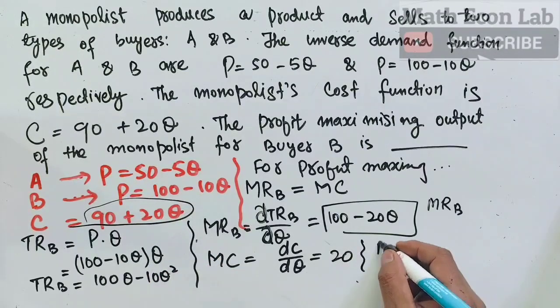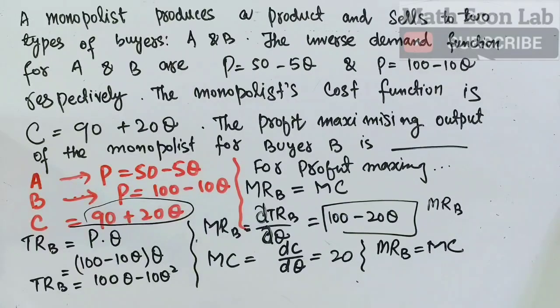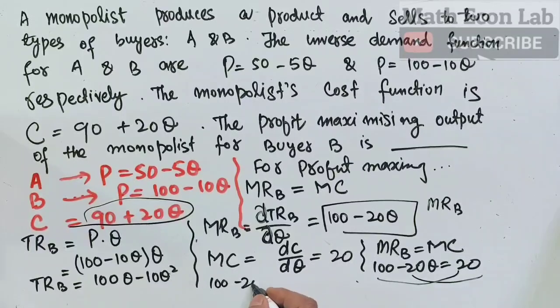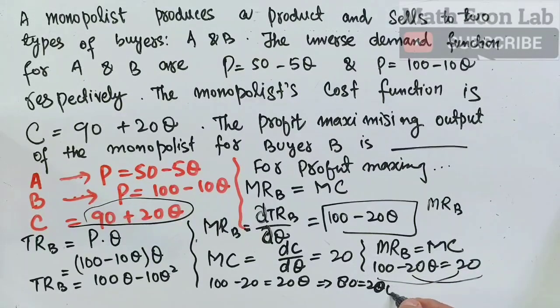Now equating marginal revenue with marginal cost: 100 minus 20Q is equal to 20. Transposing, we get 100 minus 20 is equal to 20Q, which implies 80 is equal to 20Q.